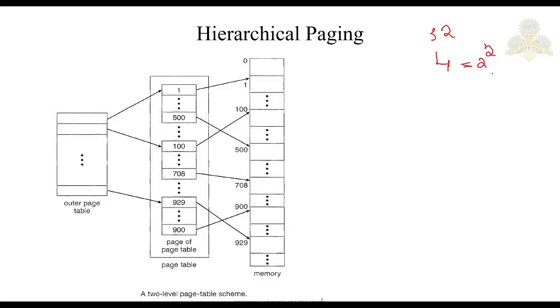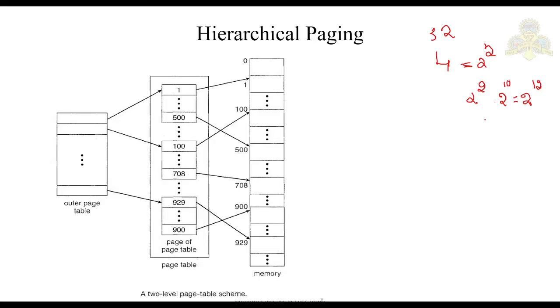Then 1 KB is 2 raised to 10, so that gives you 2 raised to 12. Now 2 raised to 12 means a page may contain around 2 raised to 12 locations.